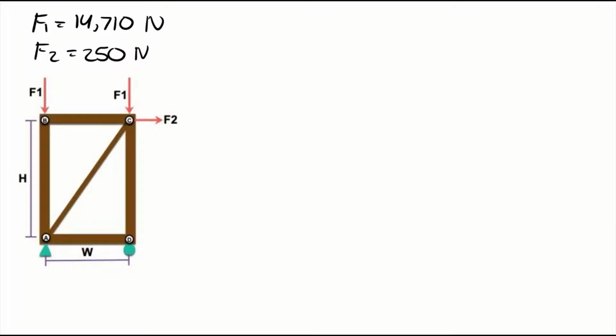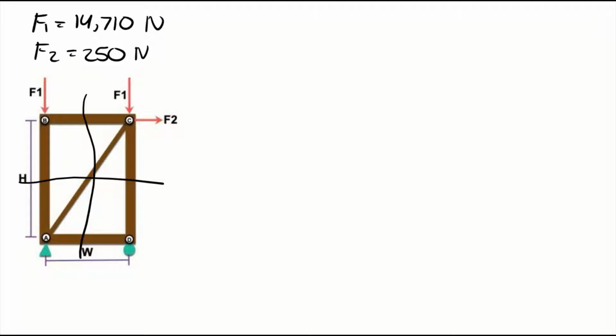So now that I have the forces acting on the truss by the water and the wind load known, I can move into breaking the truss into its individual joints to do the analysis at each joint. So again, the first thing to do when you're doing a truss analysis is to break the truss apart into its individual joints so you can do an analysis at each joint rather than trying to analyze the whole truss in one go, because that is going to be extremely difficult.